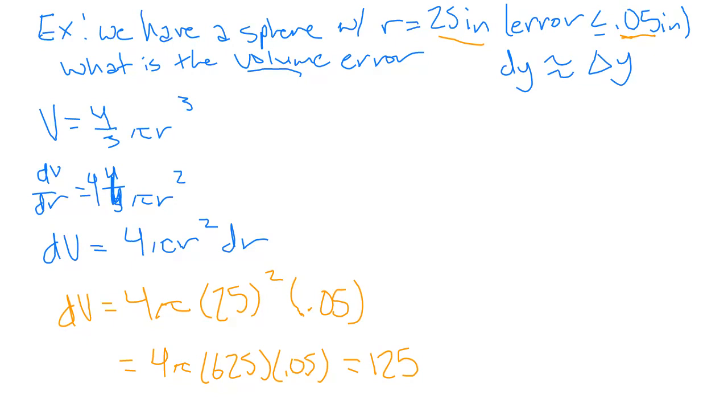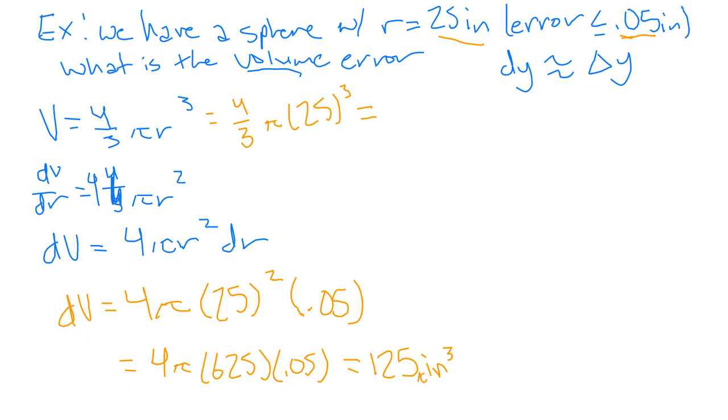We have a potential error of 125 pi inches cubed, and that seems like a lot. But the first thing we need to do is compare this to our initial volume. So our initial volume is going to be 4/3 pi times 25 cubed.